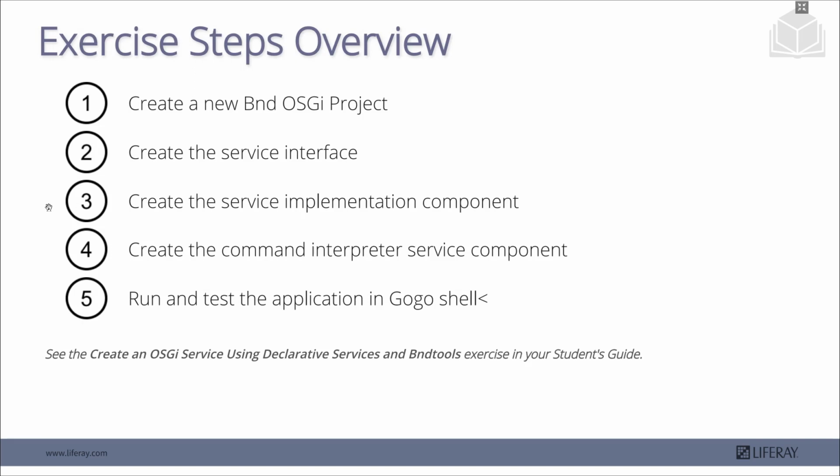From there, we'll create the interface, implement the interface, and then we'll create a command interpreter service component. This is more or less going to be the client that's going to call the service. And then once we have those 3 things created, we'll go ahead and test this out and see it in action within the Gogo shell.